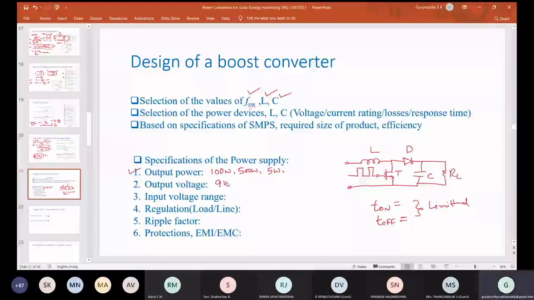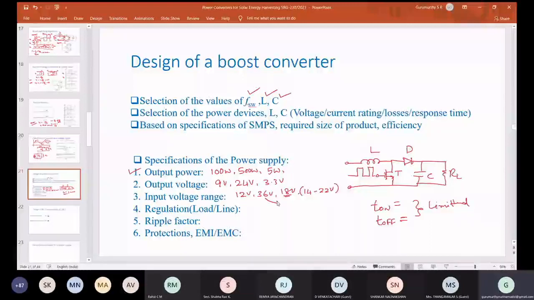Then the input voltage. Input voltage comes from your solar cell. You can have a 12 volt cell or 36 volt cell, 18 volt cell, like that. Different voltages are there, and of course there is a range. As I told you, if 18 volt is the nominal, this may vary from 14 to 22. This is the range. If 36, it will vary from 30 to 42 volts. This is the range of the voltage.